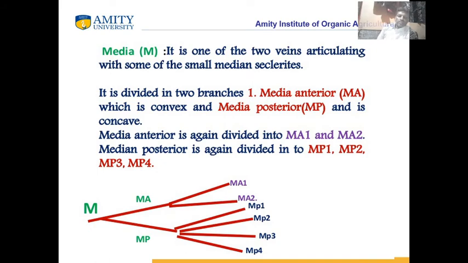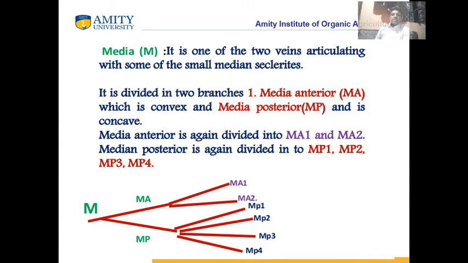Media. Media is the fourth longitudinal vein of the wing, and it is again branched into 2 main branches. The first one is called media anterior and the other is called media posterior.